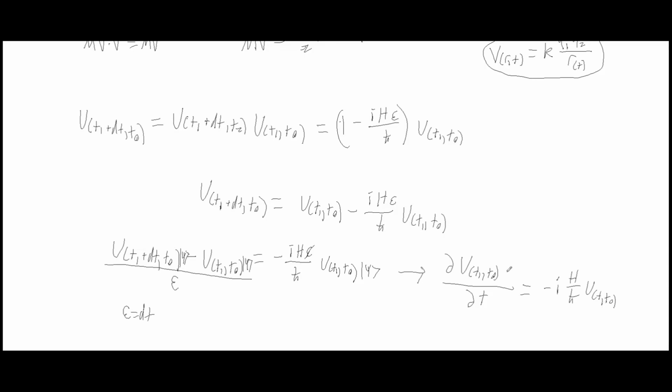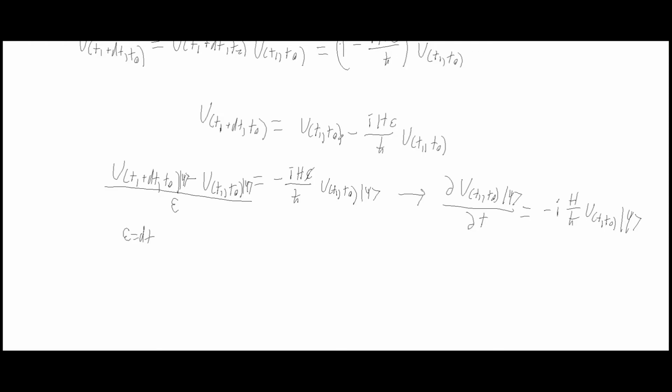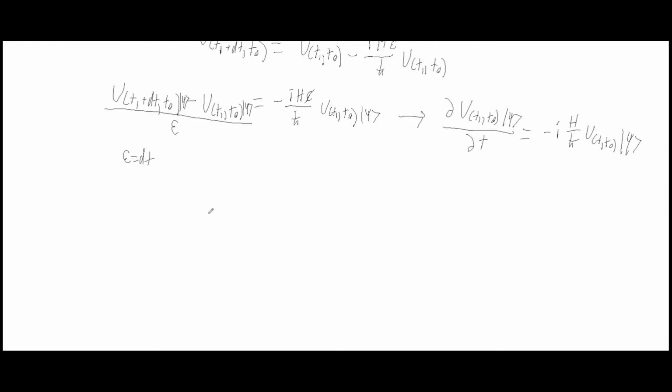And once again, we can still have our state in here, so I'll just keep putting the state in there. What I did here, it shouldn't matter that I didn't have the state in there, because at any time we could have just multiplied both sides by the ket vector.